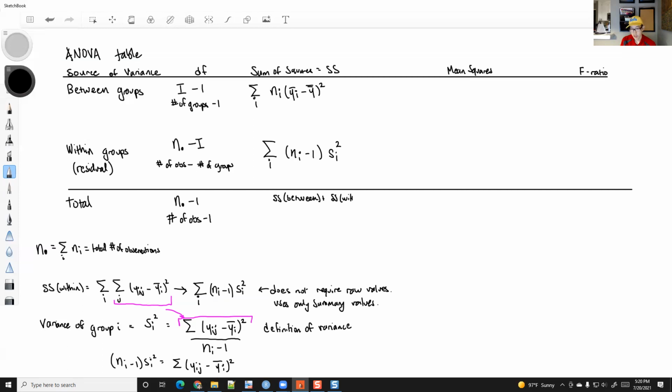We can also calculate it if we have the raw individual values. That would just be the sum of each individual value, Y sub ij minus the grand mean, squared, added across all values within a group, repeated and added up across all possible groups, okay?